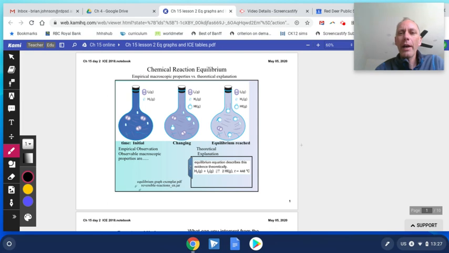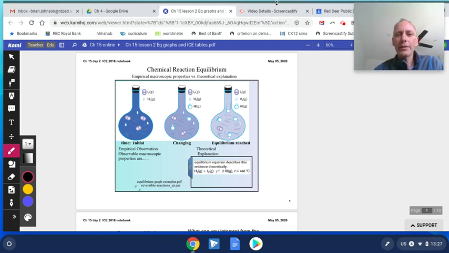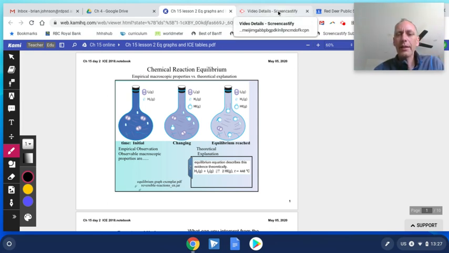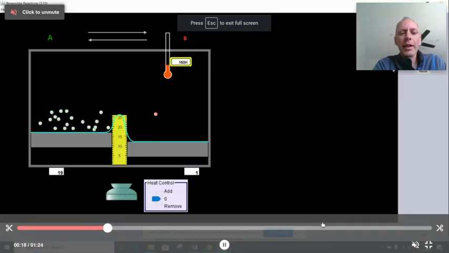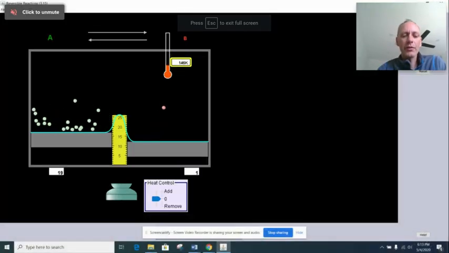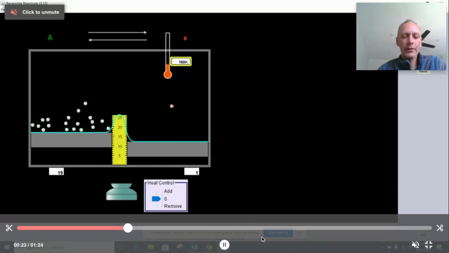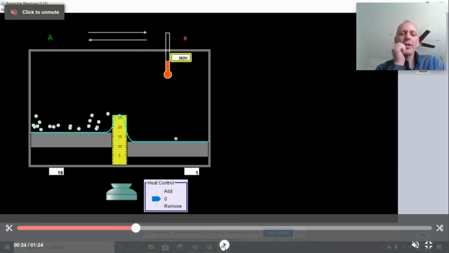And just wanted to remind you that yesterday, the last thing I left you with was to run this simulation and let it reach equilibrium. So I'm just going to pop it up here. You were supposed to let this thing run until the concentrations were no longer changing. In this particular setup, the reactants are higher on the energy hill than the products, so they would tend to fall down the hill onto the right side.